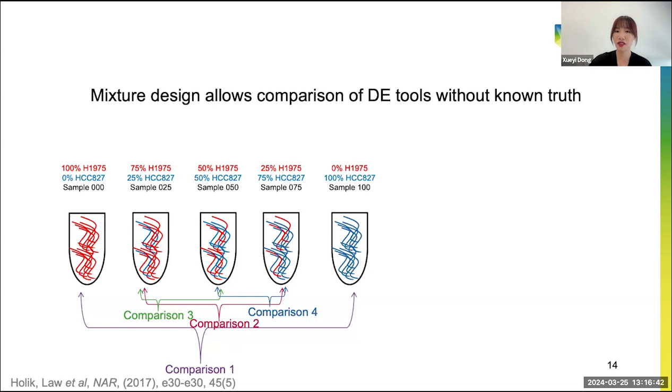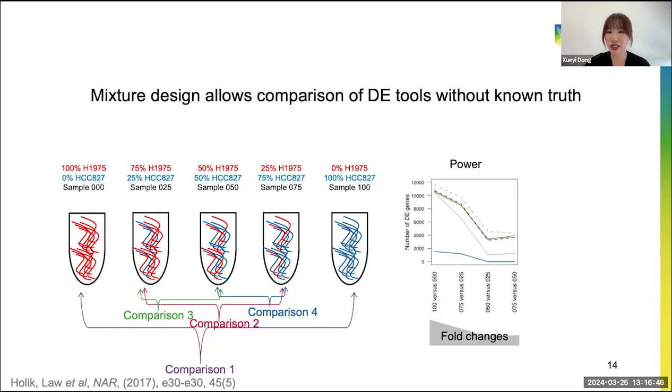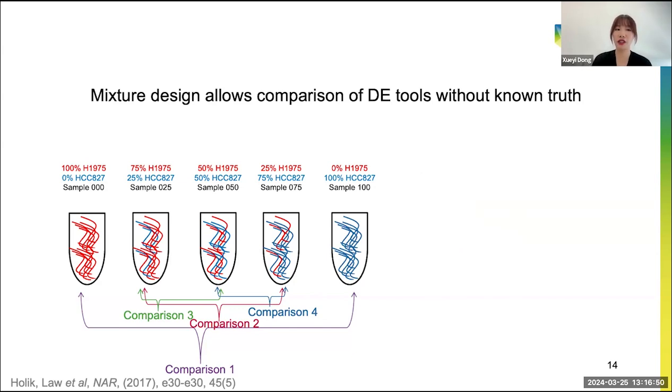And the characteristic of the mixture design is that the same set of genes must be DE between any pair of samples, but the fold changes are different. For example, the genes that are differentially expressed in comparison 1 should also be differentially expressed in the other comparisons, but the fold change in comparisons 2, 3, and 4 should be smaller than in comparison 1.